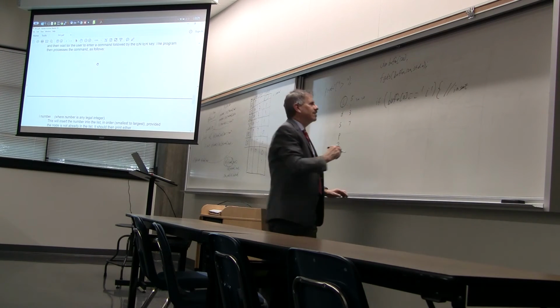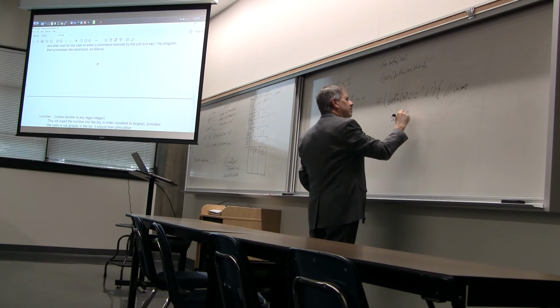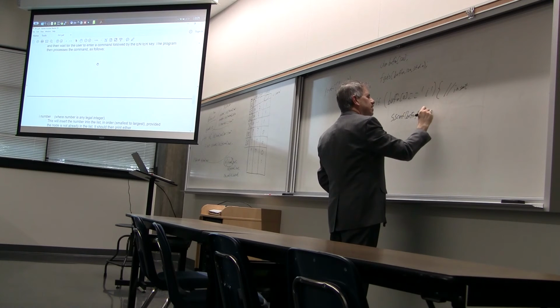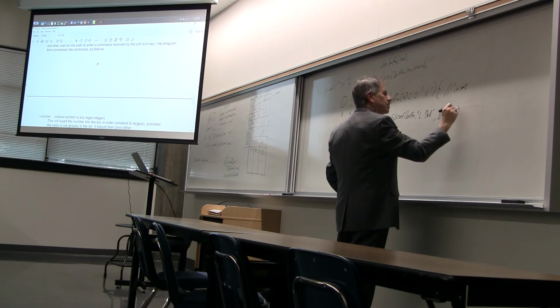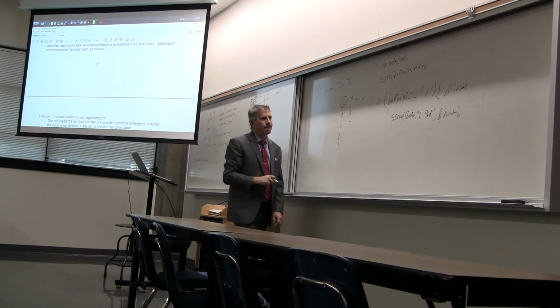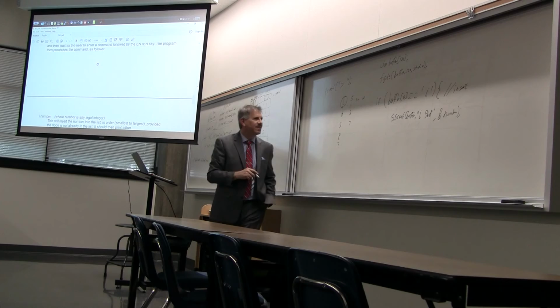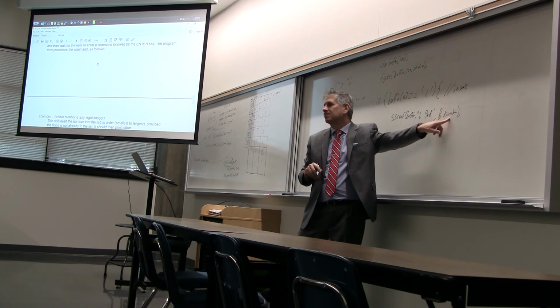So you can do the following: scanf buffer, quote, I space %d, address number. And if buffer looks like I space and an integer, the value of that integer will now be in this variable called number.